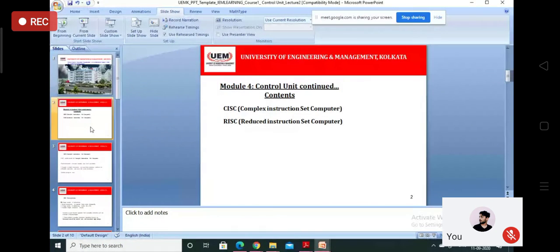So it's quite complicated. If you want to multiply 2 numbers, you just write MUL, one long instruction, and you do not require any other instruction to compute. But in the RISC architecture, you break the long instruction, which is computationally complex, into a smaller set of instructions, so that it will be easier to compute.